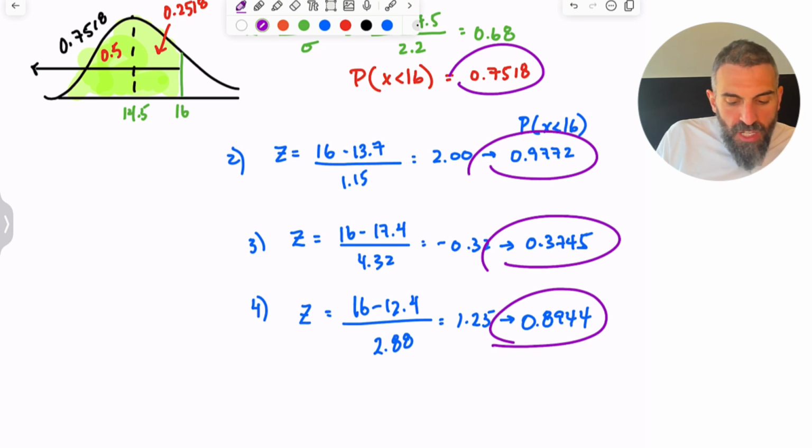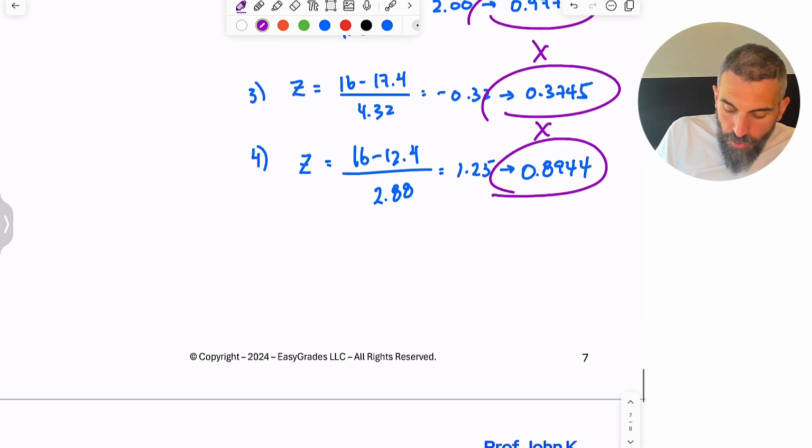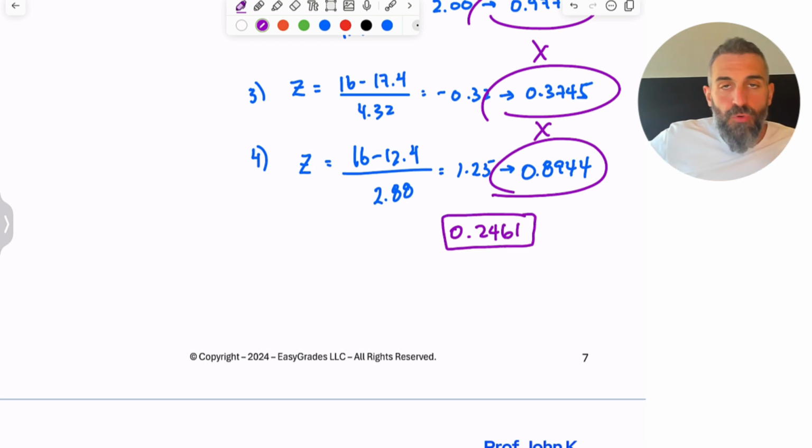When you want to find the probability of 4 things happening, you need to multiply each one of their probabilities when they're independent. So I want this to happen, and this, and this, and this. So if I do that, the probability of the entire project being completed within 16 weeks is 0.2461, or almost 25%.